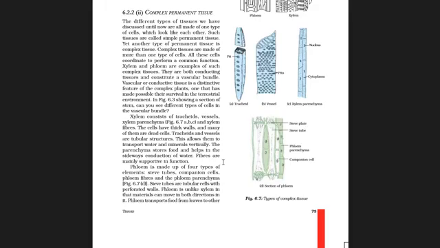So here also the parenchyma stores the food and helps in the sideways conduction of water. And what are the fibers going to do? Fibers are mainly supportive in function. We all know that fibers give support. So here also you can find that fibers are mainly supportive in function.